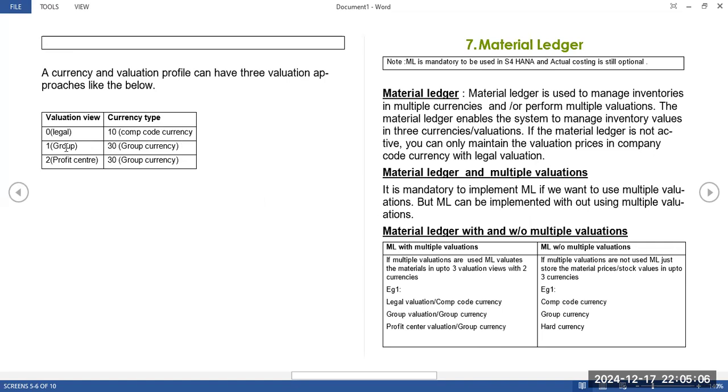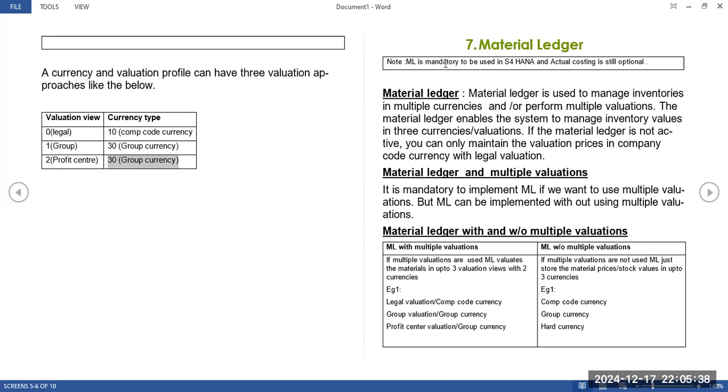And valuation view 2 is profit center, but it will use group currency. So as we have already seen in our configuration, we have configured controlling area currency, which is the group currency, for profit center as well and for the controlling area.